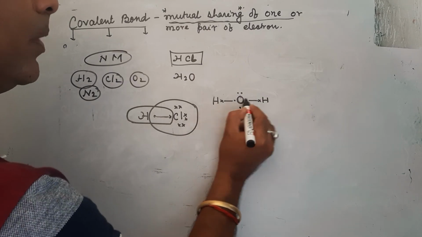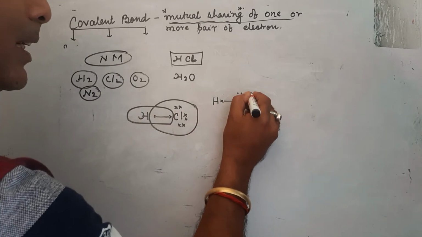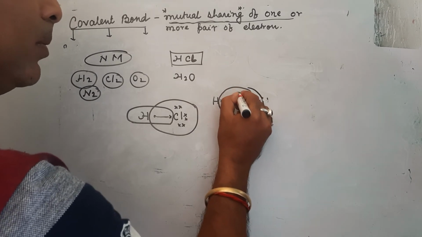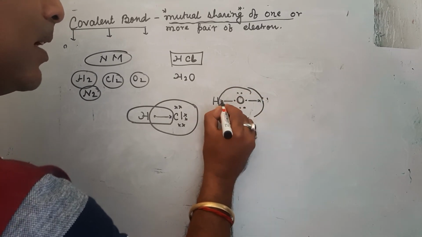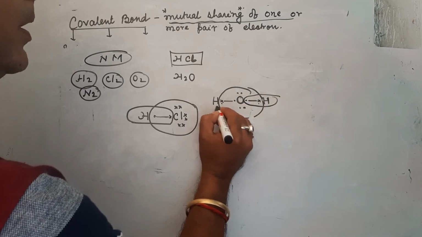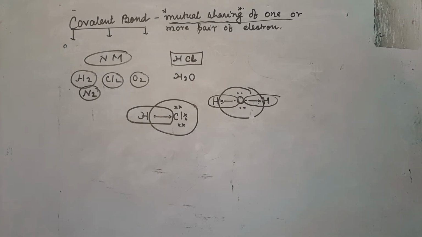Because here one pair and here one pair. So they are combined. When you consider oxygen, it completes 8: 1, 2, 3, 4, 5, 6, 7 and 8. When you consider each hydrogen, they also have 2. So this is the formation of H2O.